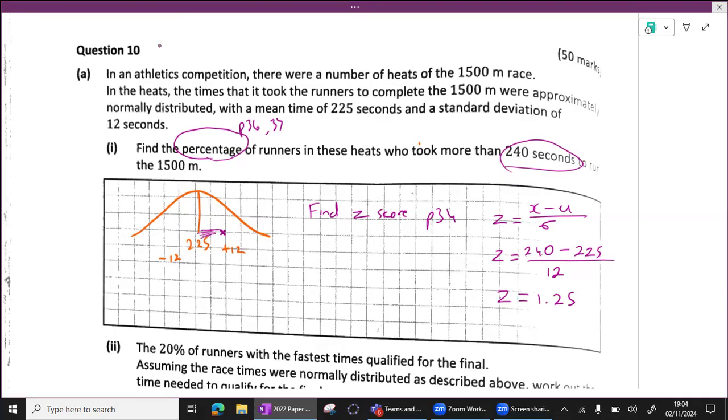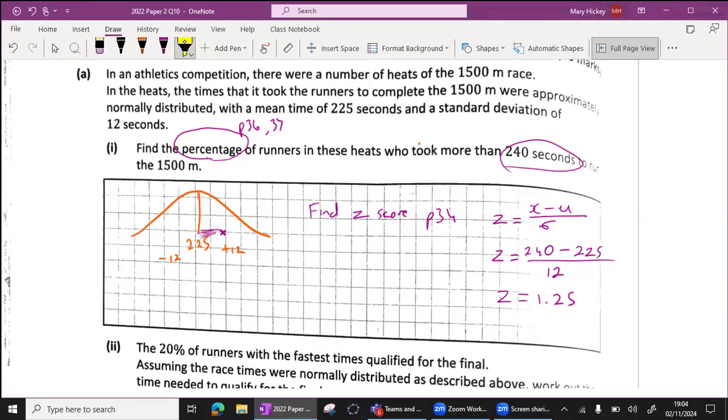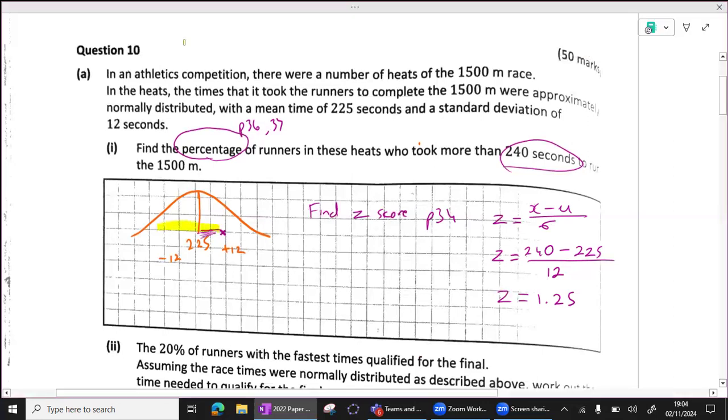Now, we still don't know the percentage of runners who took more than 240 seconds. Anytime we read our z-score, remember, we're technically always going left. So I'm going to do that first with my highlighter. Whatever answer I get in a moment is going to be the yellow section.